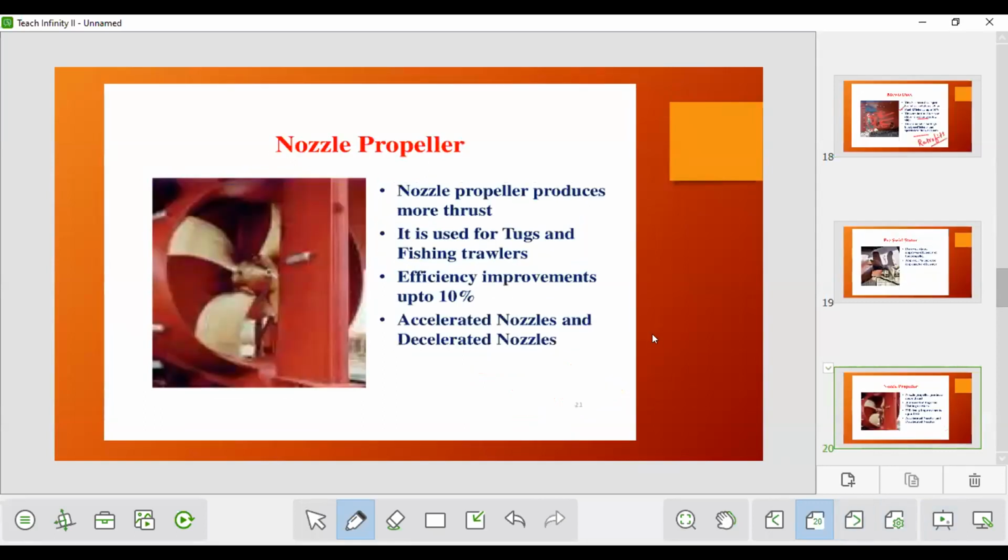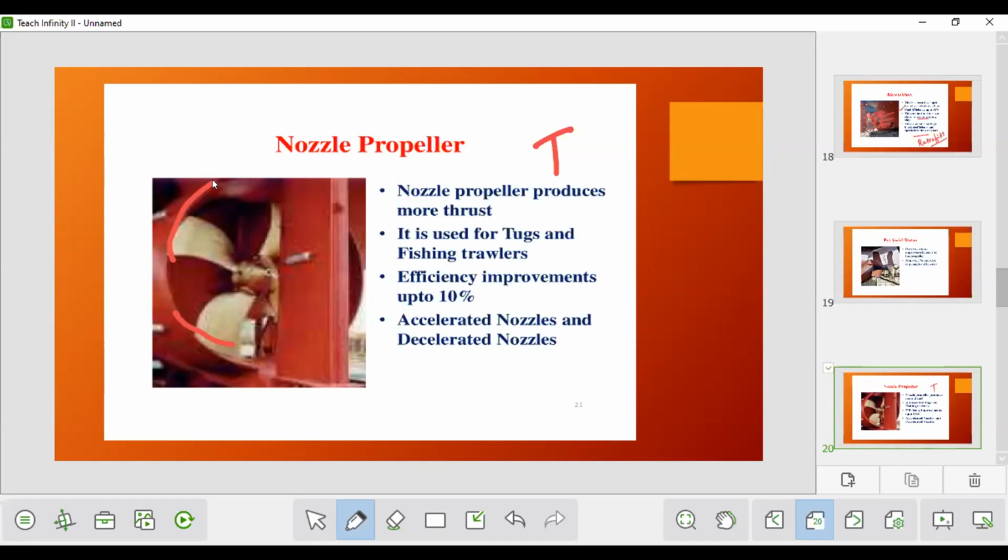Now, coming to the nozzle propeller, many of us know this nozzle propeller improves the thrust, because the duct also gives additional thrust. Of course, in nozzle propellers we have different types like accelerated nozzles and decelerated nozzles.